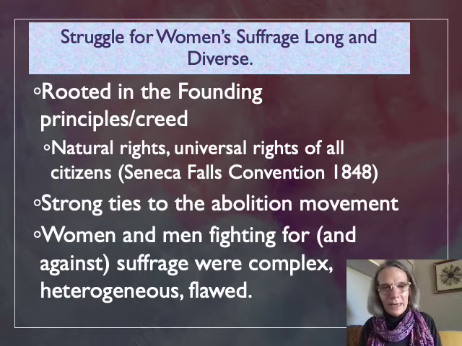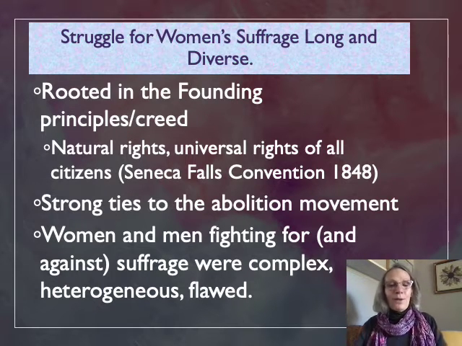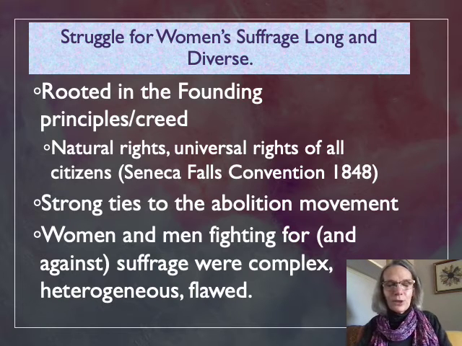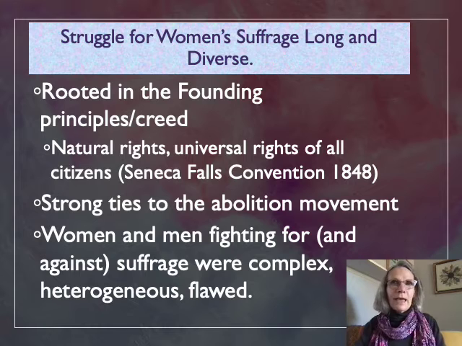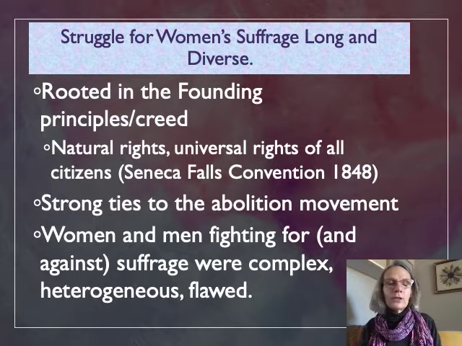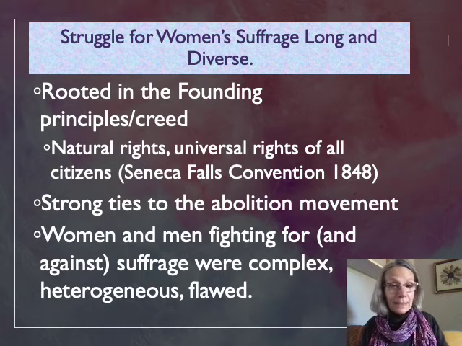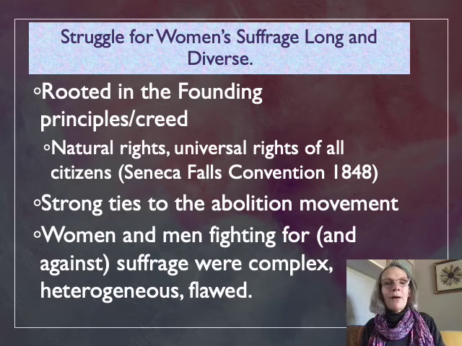I do want you to keep in mind that just as the framers of the Constitution and the founders of this country are flawed and diverse and heterogeneous to a certain degree, that same thing is true about the women and men that are fighting for and against suffrage. You're going to be reading an article this week about the fight against expanding the right to vote to women.